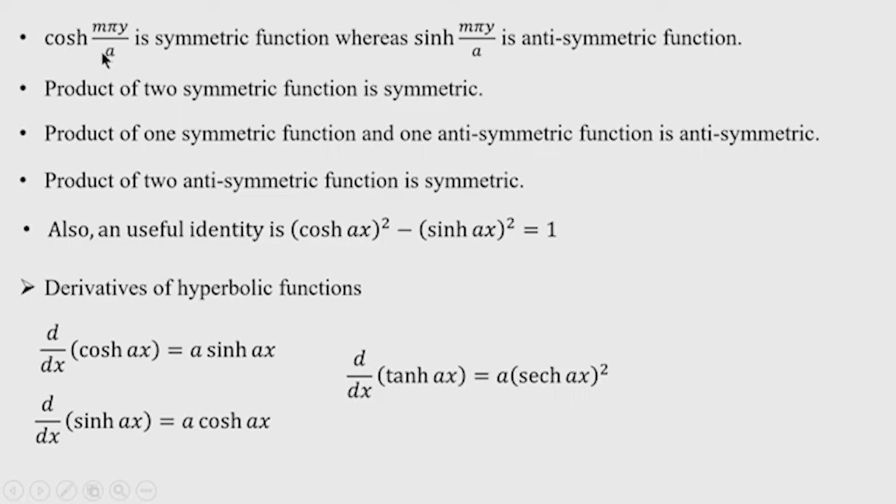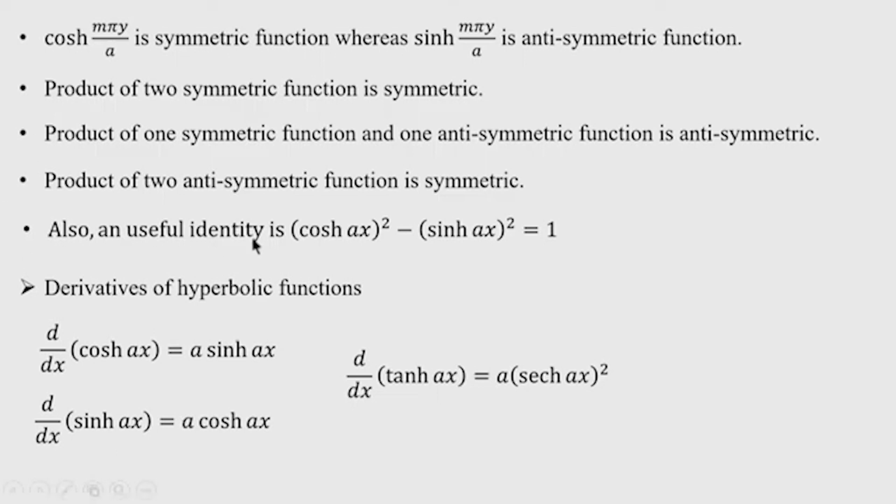So, the product of one symmetric and one antisymmetric function is again antisymmetric. But when y is multiplied by sinh(m pi y by a), then y is antisymmetric and sinh(m pi y by a) is antisymmetric. So, the product of two antisymmetric functions is a symmetric function. That we will use.